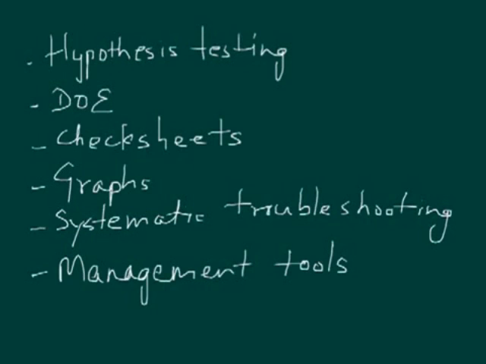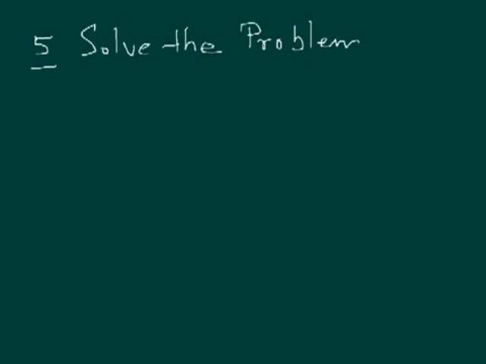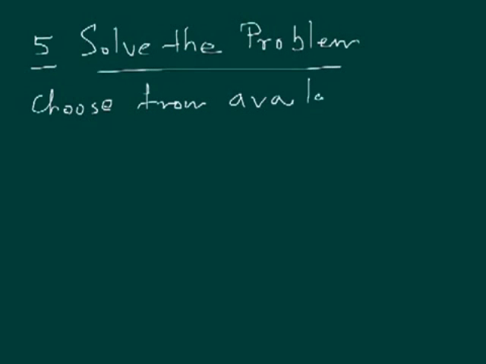So number 5 is you're trying to solve the problem in this stage. So what you may want to do is choose from available solutions that you came up with as a team.